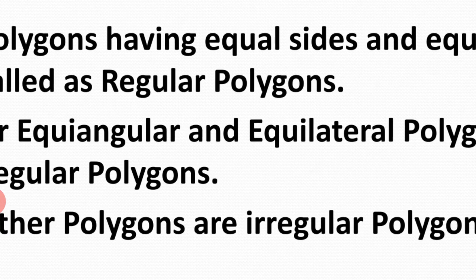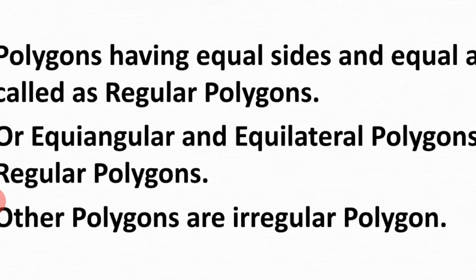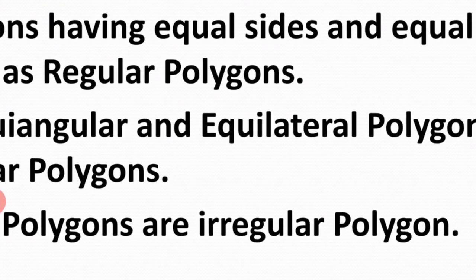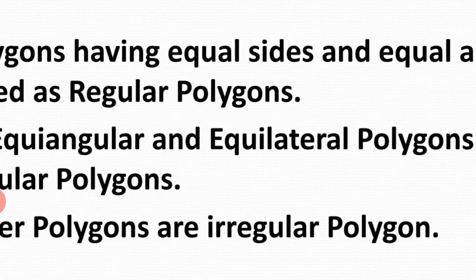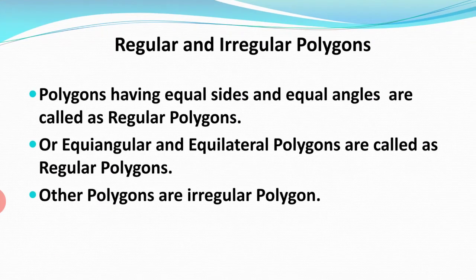Equiangular means equal angles and equilateral means equal sides. Such polygons are called regular polygons. Other polygons are termed irregular polygons. So a polygon can be regular or irregular. If it is regular, it cannot be irregular. If it is irregular, it cannot be regular. For a regular polygon, you need to have equal sides and equal angles.